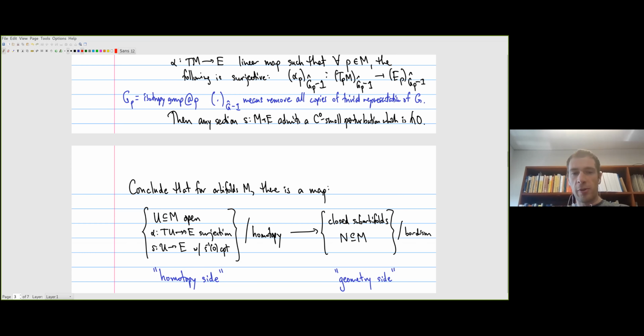If we have an orbifold, and on that orbifold we have an open subset U, and a surjection from the tangent bundle of that open subset U to E, where E should be a vector bundle over U. So maybe I should add that here: E over U, a vector bundle, a surjection from TU to E, and a section of E over U with compact zero locus.